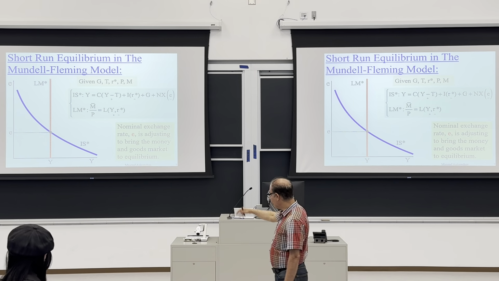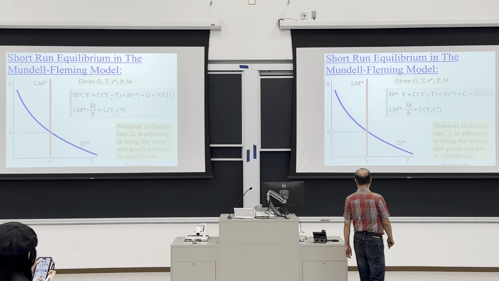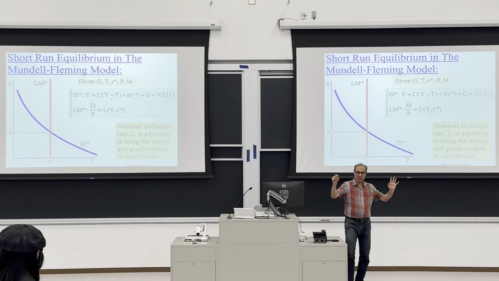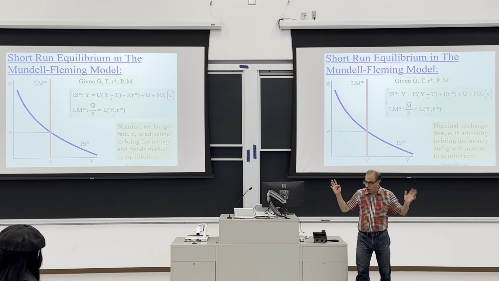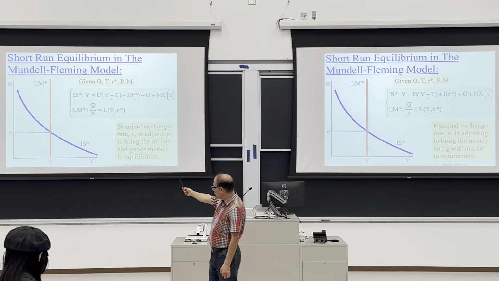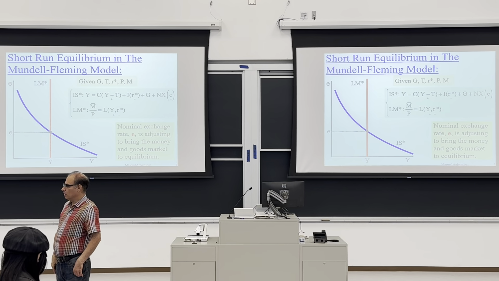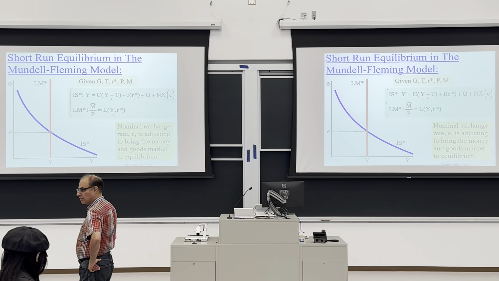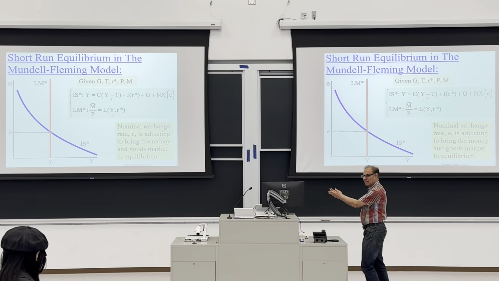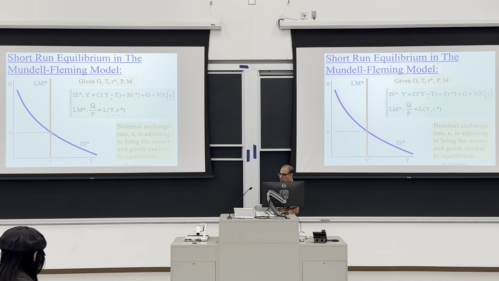Can you see it here? That is the job of, not nominal interest rate, nominal exchange rate. The job of nominal exchange rate in short run is to make sure goods market and money market are in equilibrium. You see that? Okay. That's the model. That's the short-run model in open economies.